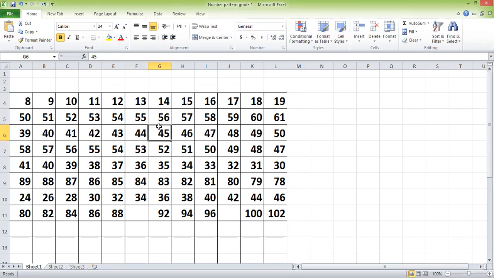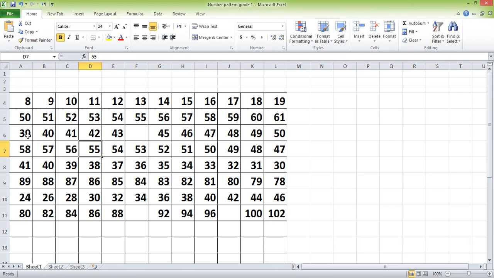How do you know? Because you're counting in ones. You know that in this pattern, we are counting in ones here. Check this pattern, guys. This is 39, 40, 41, 42, 43. Again, this is counting in ones. Or you can also identify the pattern that this is small, then 40 is bigger, 41 is bigger, bigger, bigger. That means you are adding.